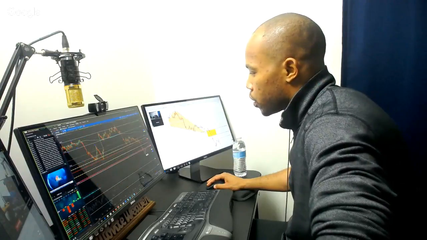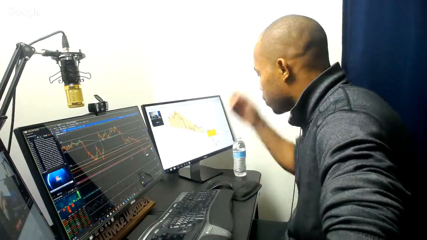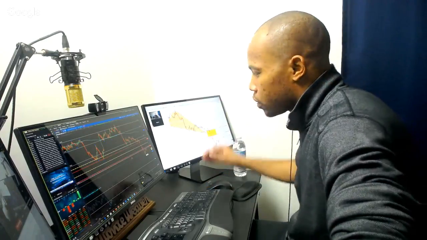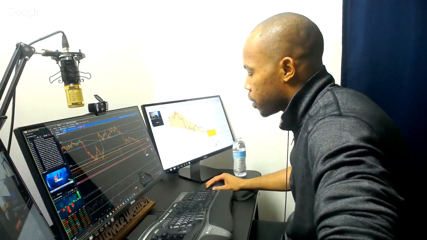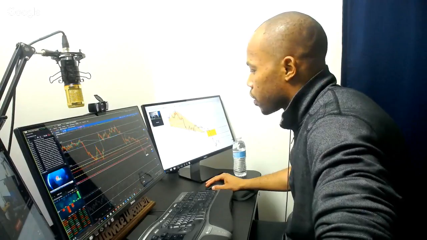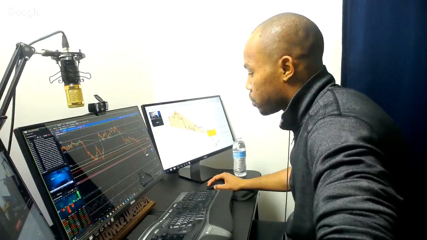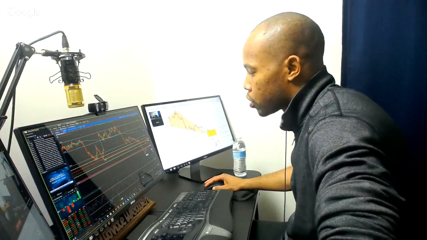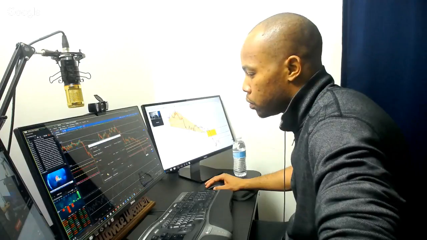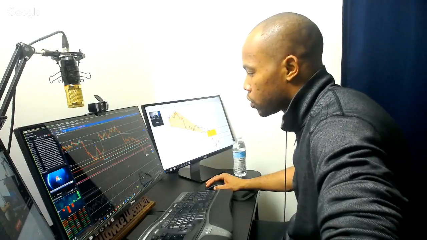Here's one that was an easier one to play with. The yellow is the range they were giving us as the entry. At the same time we're looking at that range, we can look back at the lowest low, which is just support. Let me change that to blue so it's not too confusing.